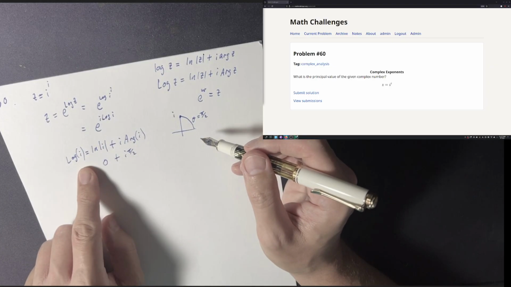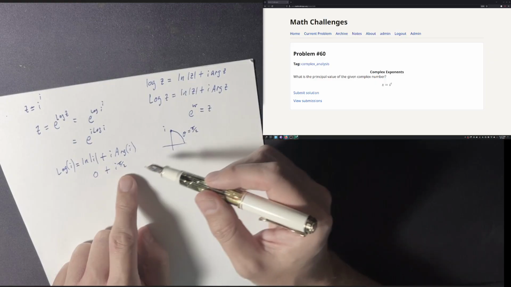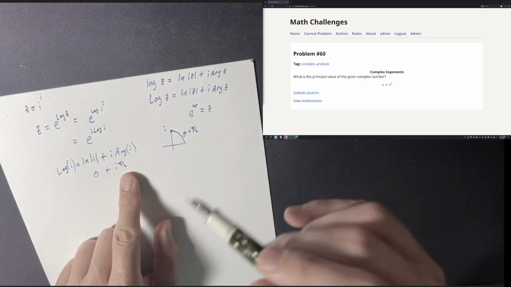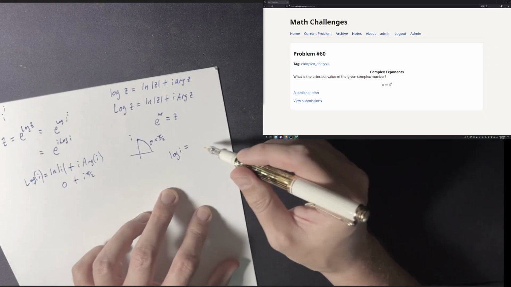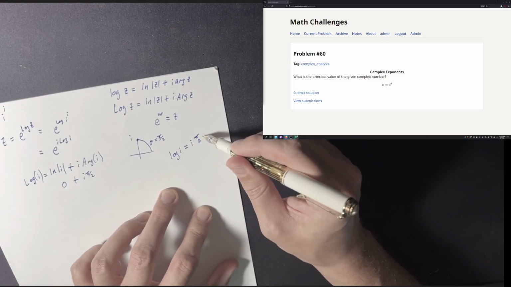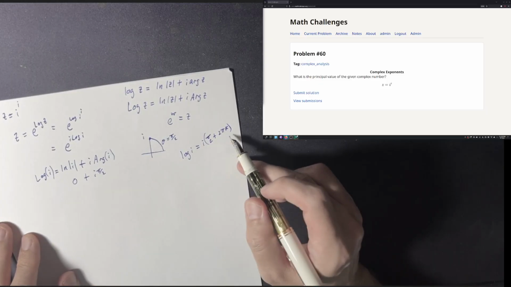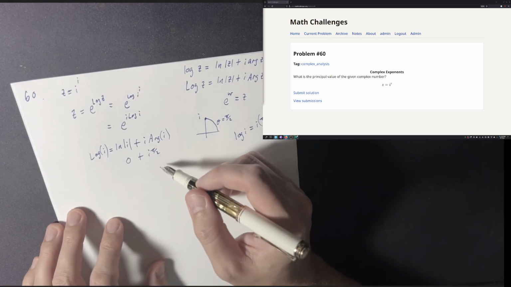So I would think log of i is i times pi over 2, or more generally, it's really i times pi over 2 plus 2 pi k, you know what I mean? More generally, log of i is something like this. But we just want the principal value, so never mind that. We don't need multiple values in this conversation.